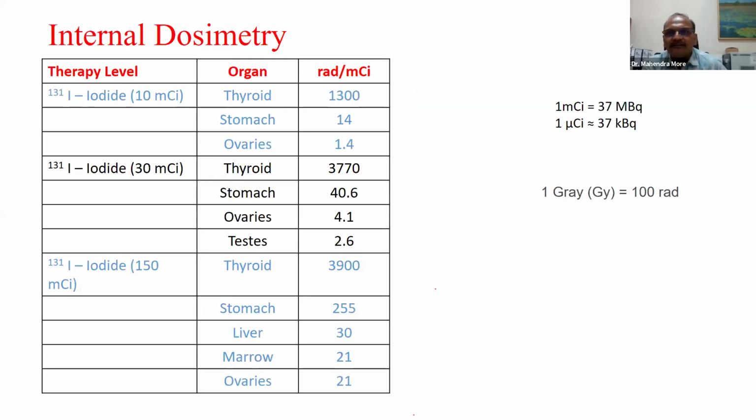So internal dosimetry is a very interesting part of nuclear medicine, where we administer the radioactivity orally and then the activity goes into circulation. In circulation, it will localize to the thyroid, we agree. But apart from localizing to the thyroid, during circulation it gives a very high dose to other parts as well, if they are not properly managed.